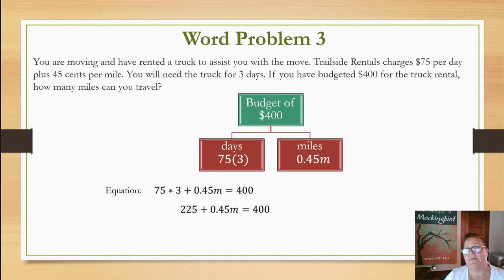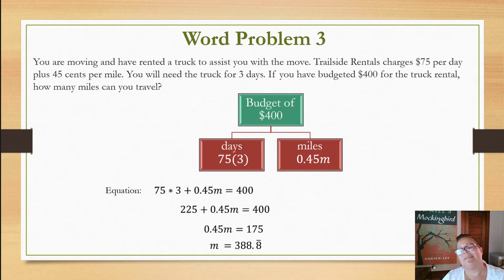Subtracting 225 from both sides, I have 0.45 m is 175. And from there, I would divide both sides by the coefficient 0.45 to get m is equal to 388.8 miles. Now, the question says, how many miles can you travel?